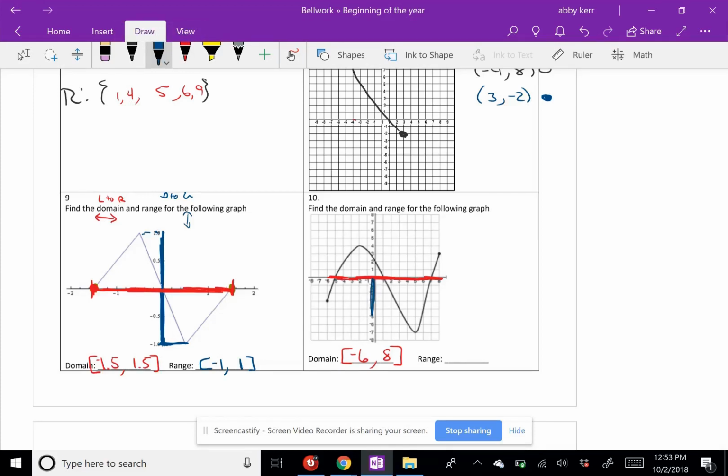Now how low does my graph go? It stops on level -7. Bracket because it's included on the line. How high does it go? It stops at the level 4. It's also a bracket because it's included in the line.